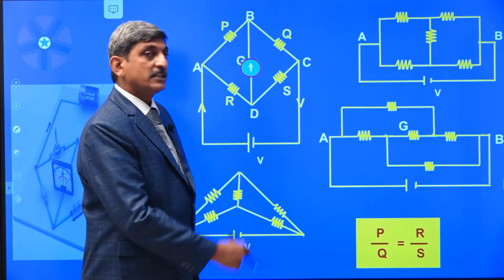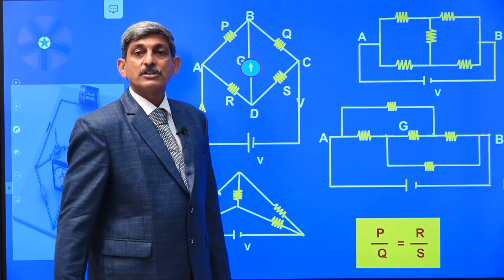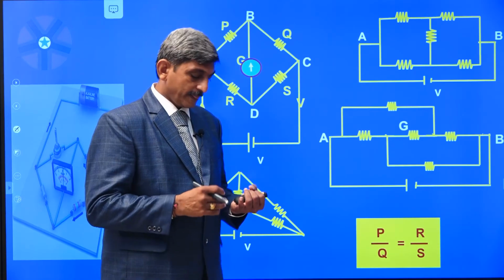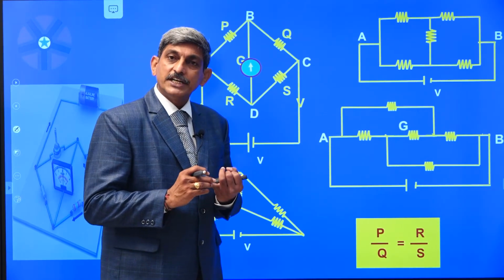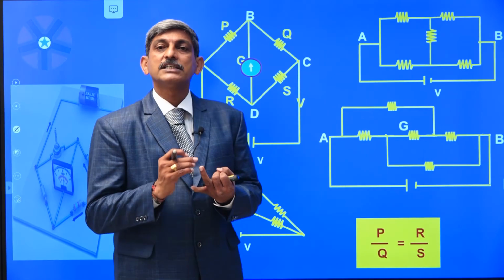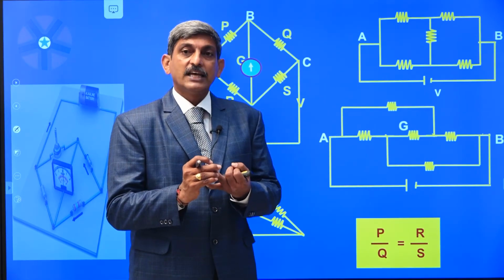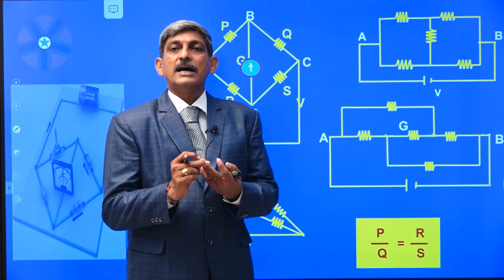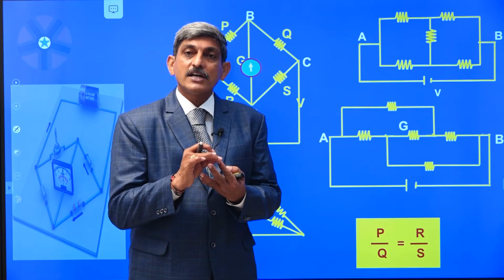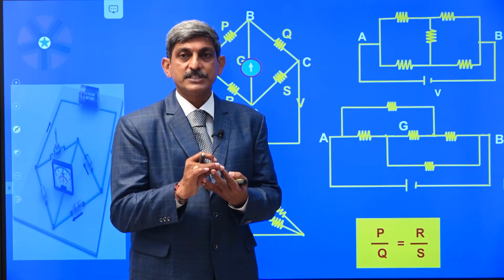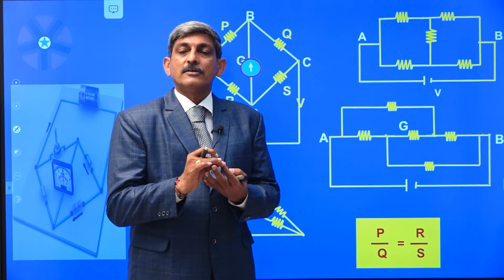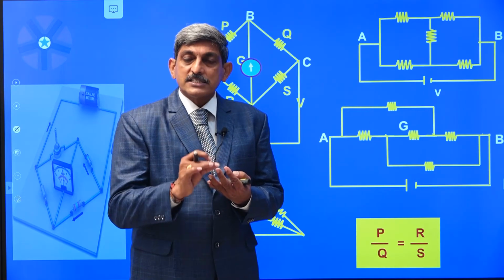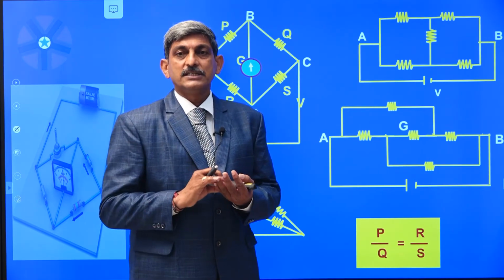So I think you understand the concept of what we studied about the Wheatstone bridge. So here, what did we study in this session? First we studied Kirchhoff's current law and Kirchhoff's voltage law. Then we studied the construction of the Wheatstone bridge. After that, we applied the Kirchhoff laws to the Wheatstone bridge, and we studied the condition for the balancing of the Wheatstone bridge.